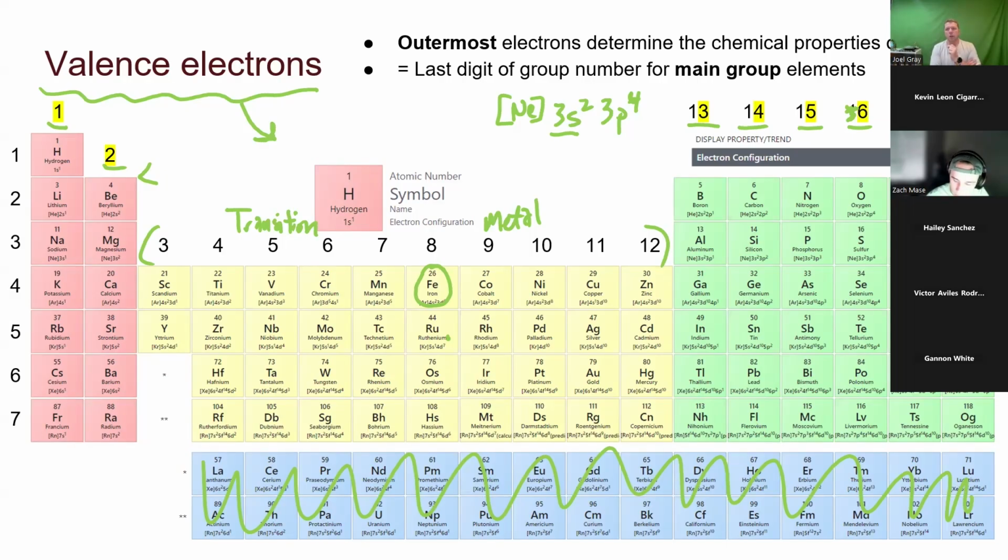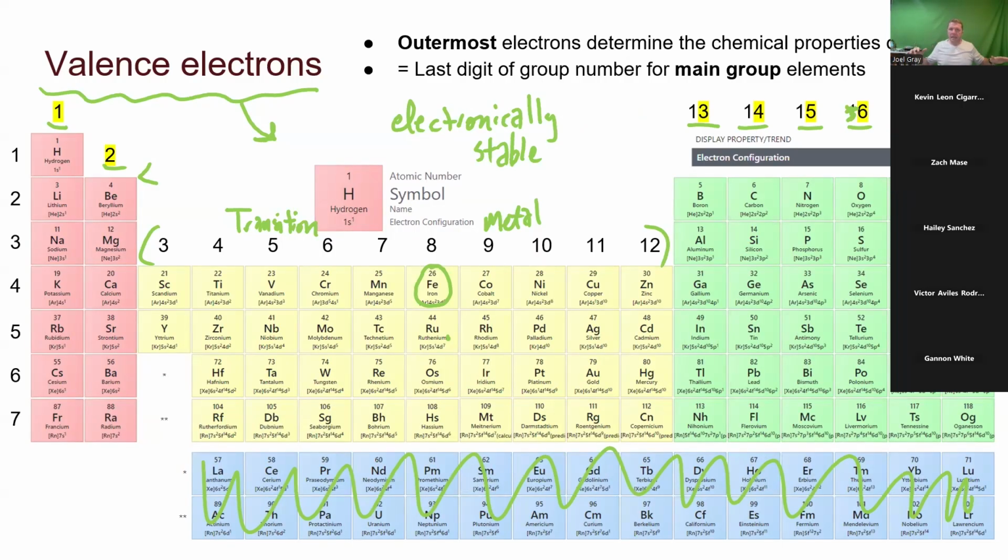Now, in this case, whenever I say stable, I want you to think about them as electronically stable. And what I mean by that is they have the number of electrons, specifically valence electrons, where they're like, I'm good.